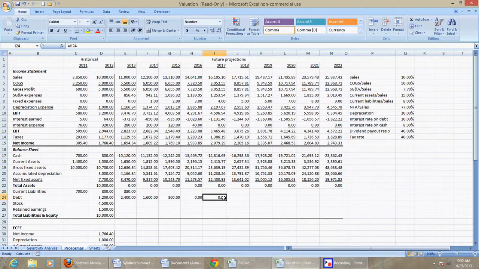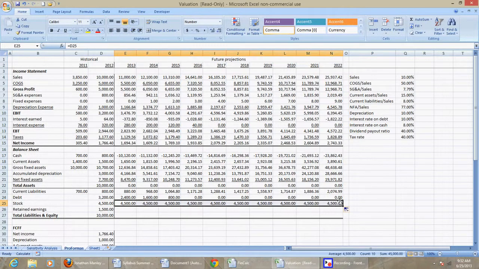So this is not something that we necessarily have to project and guess at. This is what management tells us they're going to do. Go ahead and copy that over as well. They also say we're not going to issue any stock, we're not going to repurchase any stock, so it's going to stay like that.